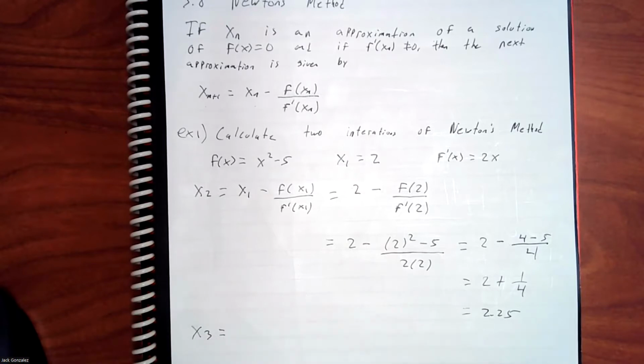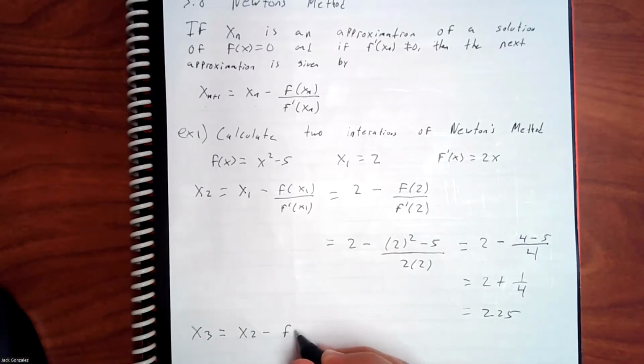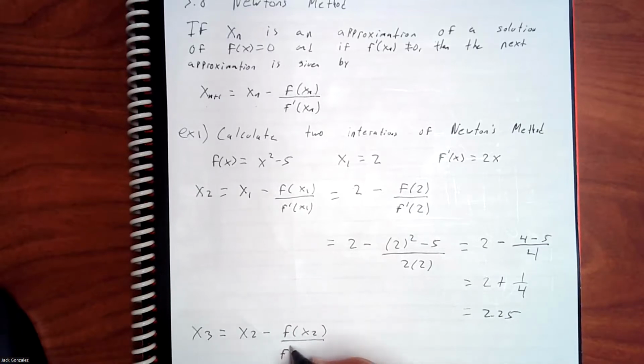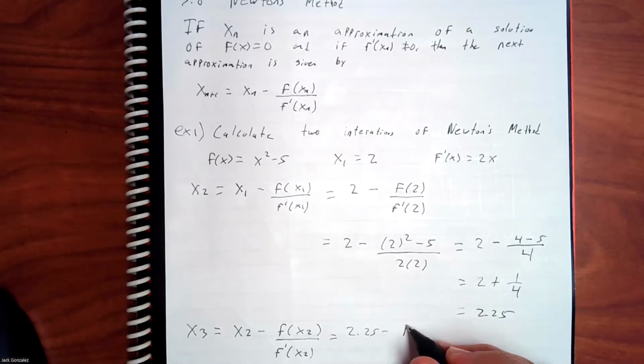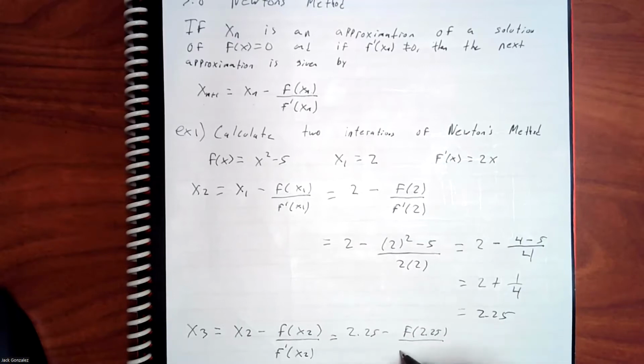Pretend you're a robot. So now I'm going to plug in x2. See how this is going? This will be 2.25 minus f of 2.25 over f prime at 2.25.